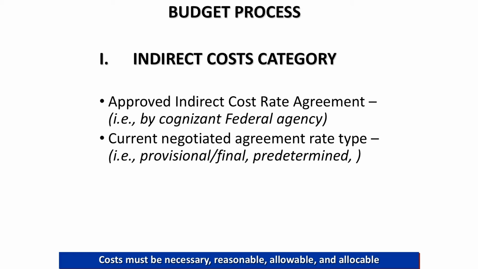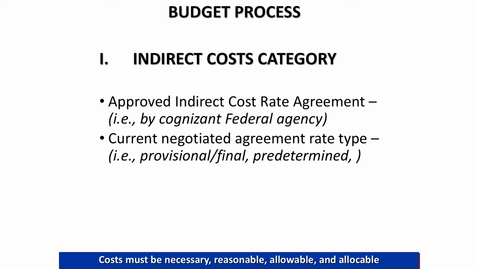If you're dealing with an approved indirect cost rate, there are a few versions or types that we use here at DOJ. Provisional rate. Provisional rate in most cases is the rate that you're currently using, and at a specific point in time, it will be closed out and become a final rate.